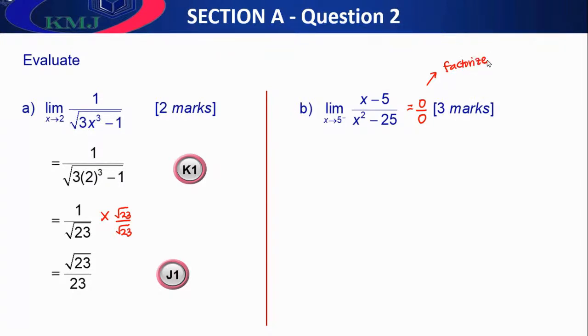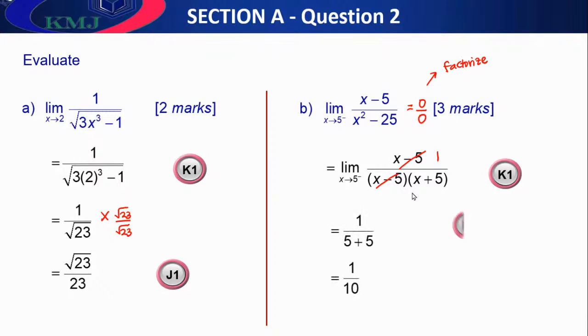So how to factorize it? Factorize the denominator: x minus 5 and x plus 5. So K1. And then we simplify it. We get 1 over x plus 5. Then substitute 5 into the function. 1 mark. Then the final answer is 1 over 10, J1.